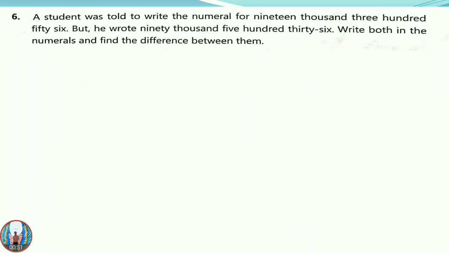Now question number 6. A student was told to write the numeral for 19,356, but he wrote 90,536. Write both in the numeral and find the difference between them.